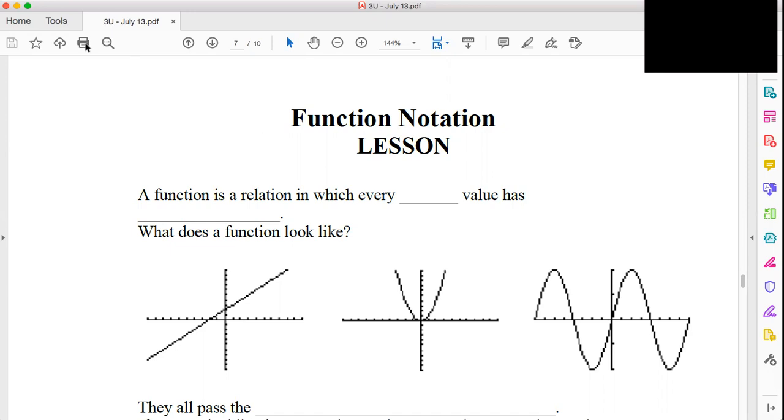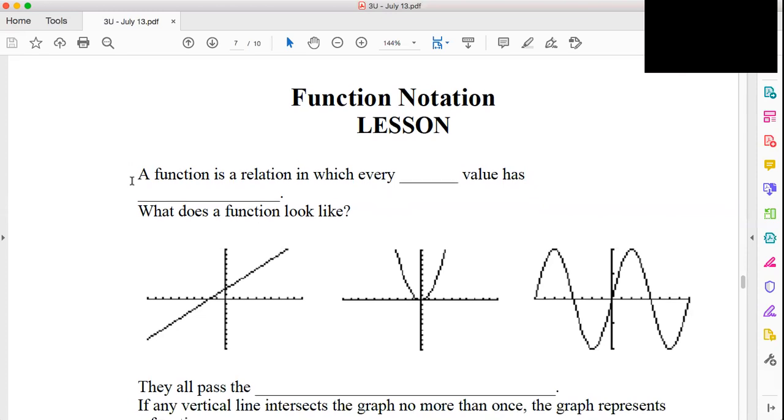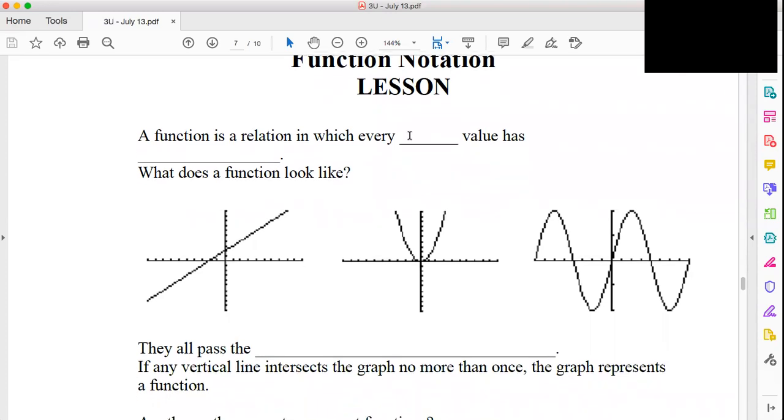So a function is a relation in which every x value has only one y.